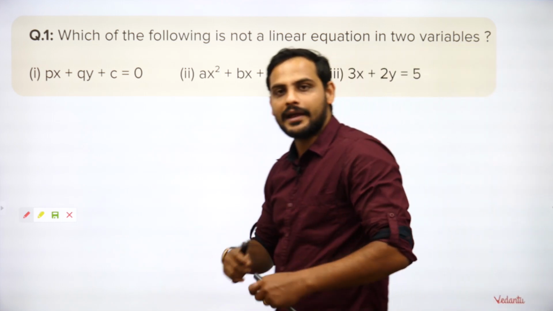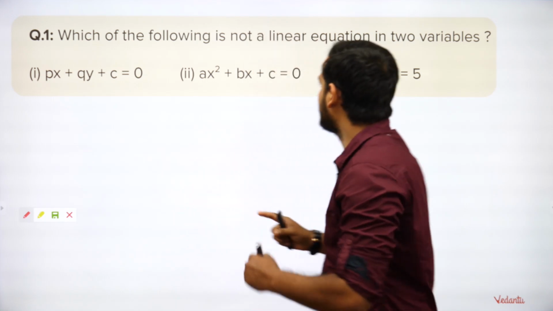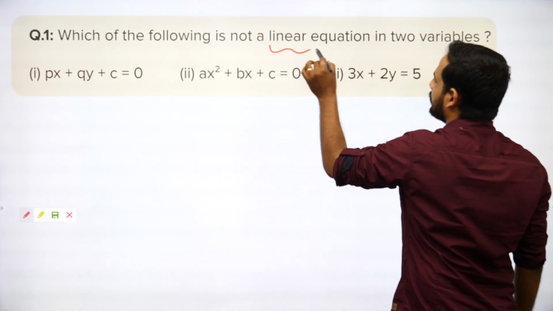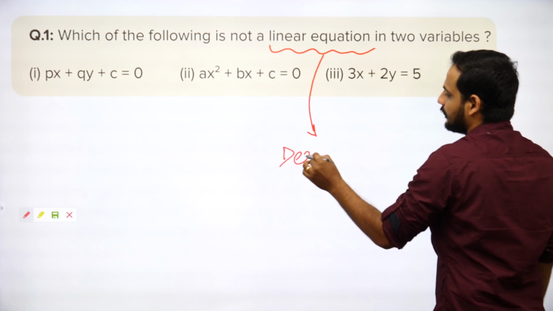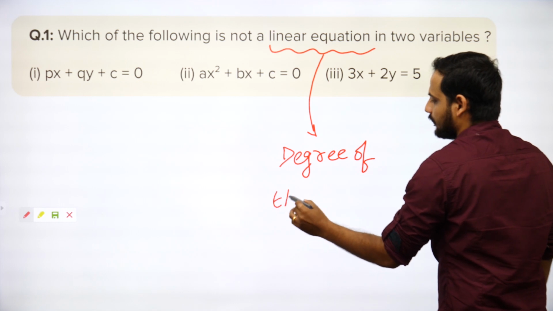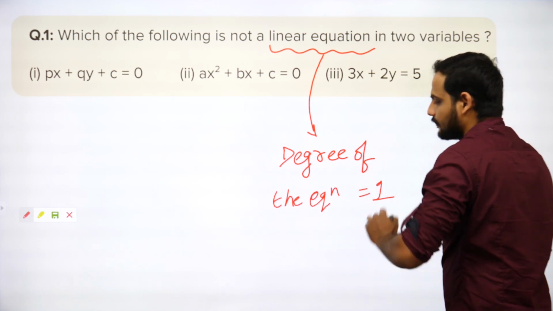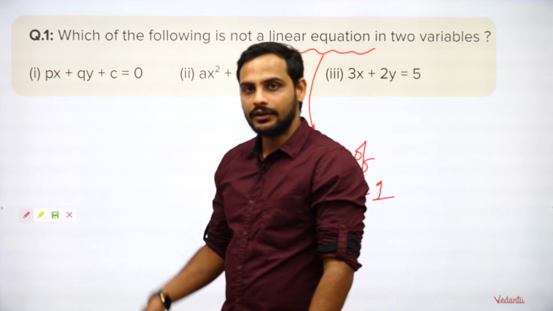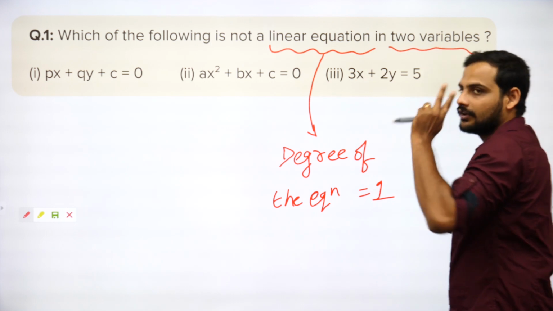Now what do we mean by linear equation? As we have already studied in our polynomials chapter, linear equations or linear polynomials are those whose degree is 1, correct? This is called a linear equation. Now 2 variables means there will be a total of 2 variables.